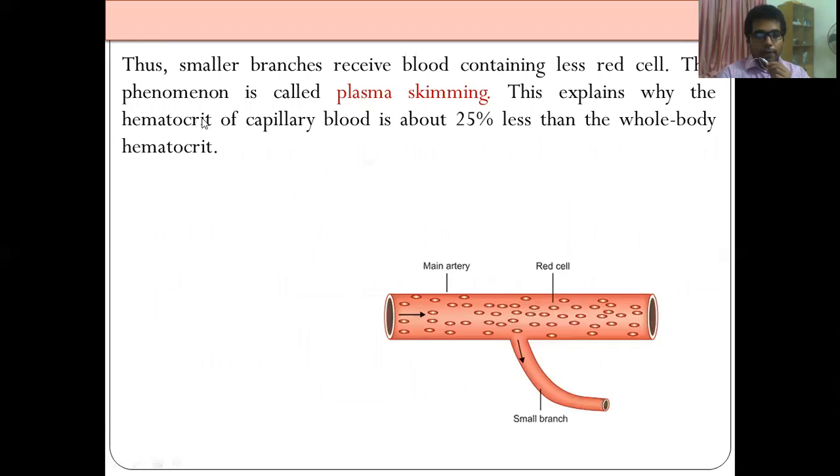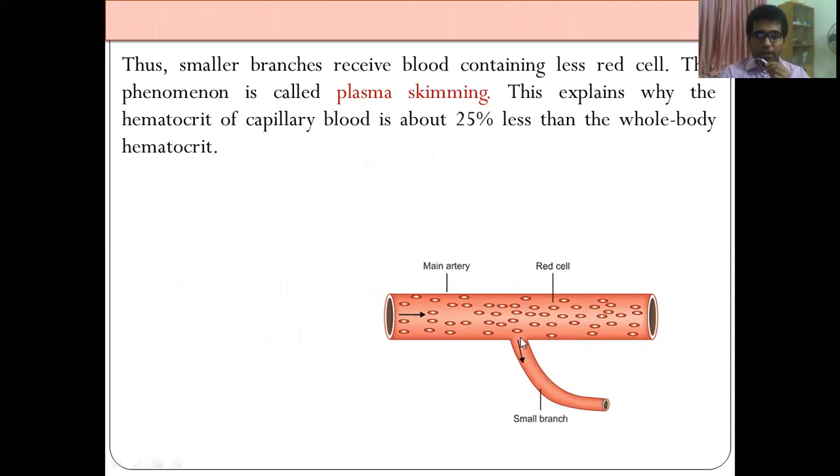Now, I want to give you another very important idea. Smaller branches receive blood containing fewer red cells. Here you can see in this figure, this is the main artery, which contains lots of red blood cells, but in comparison, these branched vessels receive fewer RBCs.